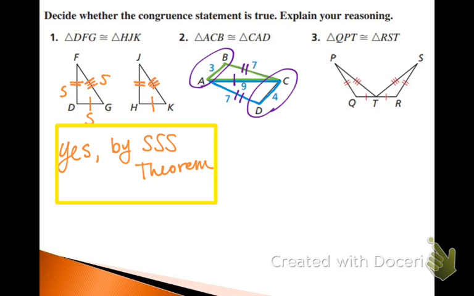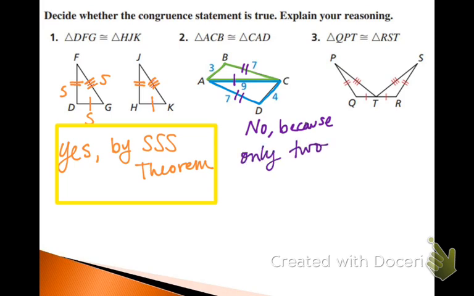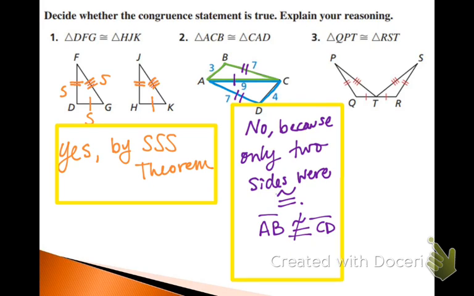So we only have side, side, so we actually don't have enough information. So no, because only two sides were congruent. Or you could say side AB is not congruent to side CD, like it needs to be. So either one of those answers would be just fine.